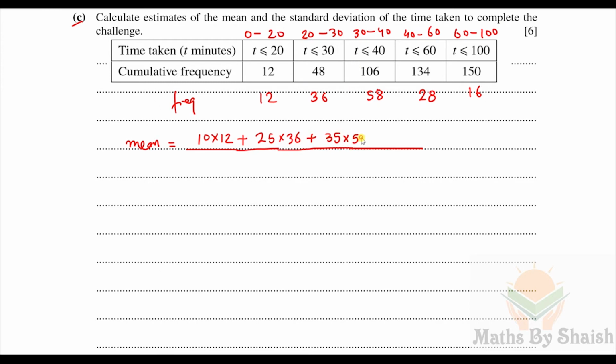mid value of this is going to be 50 into 28, plus 60 to 100, the mid value is going to be 80 into 16, upon total frequency, that is of course going to be 100. The total data, that is 150.